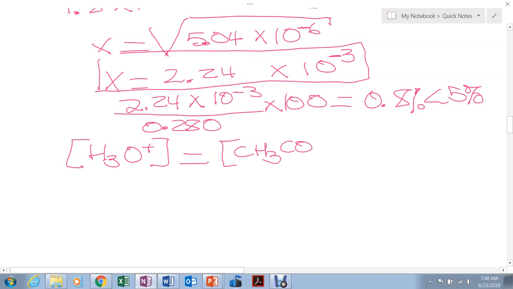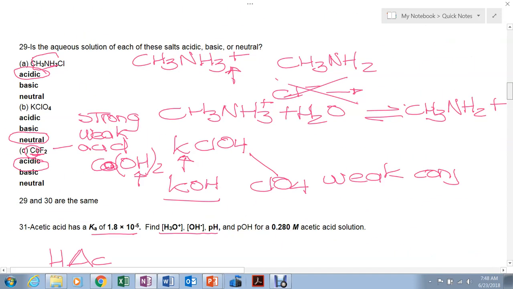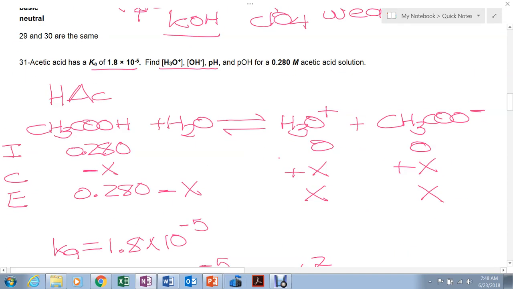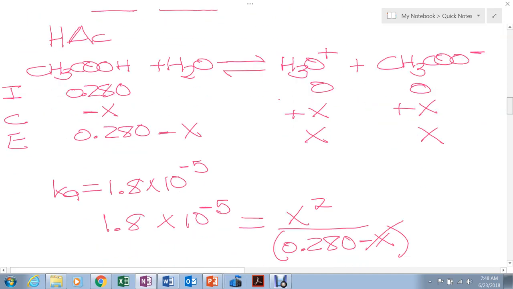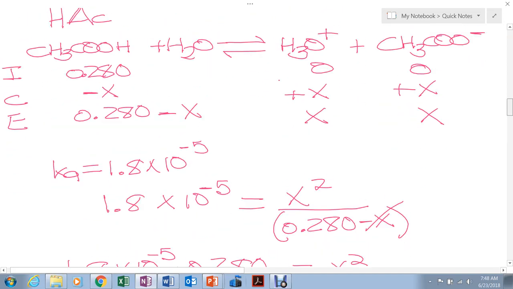The problem is asking for all this. Equals 2.24 times 10 to the negative 3 molar, with 3 significant figures. Yeah, they're asking for all of this. Oh, and pOH too.